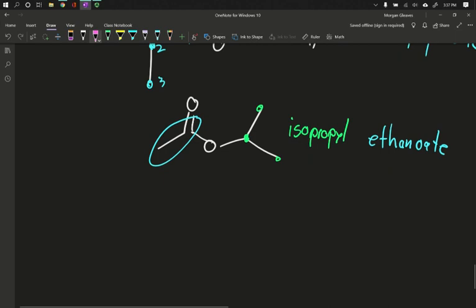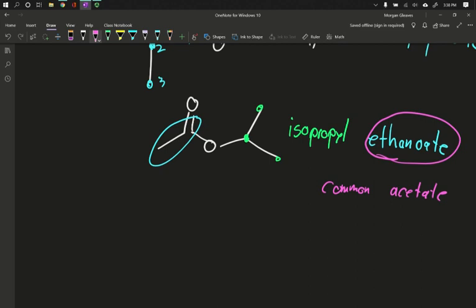Side note, and won't do it on tests, when it's 2 carbons, when you have an ethanoate, the common name is acetate. Acete groups is the old name for 2 carbon components that attach to stuff like this, make these esters. This comes from vinegar, acetic acid. So isopropyl acetate, ethyl acetate, methyl acetate.